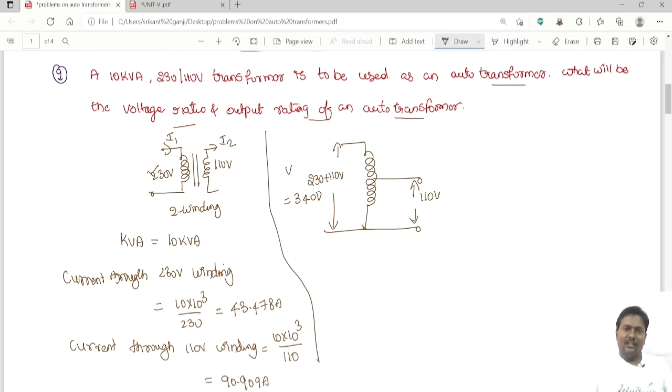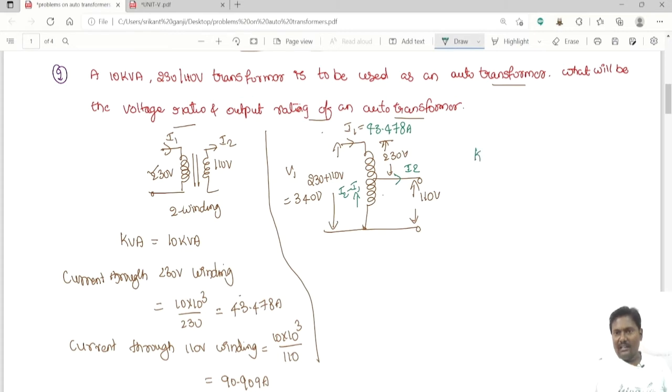Now the input voltage changes to 230 plus 110, which is 340, and this is 110. This one is 230 volts. The current flowing through the 230 winding is 43.478 amperes, and the current flowing through this one is I2, and this is I2 minus I1.